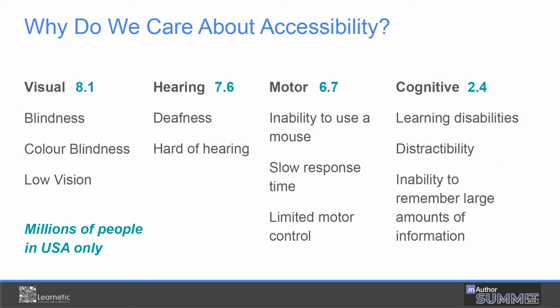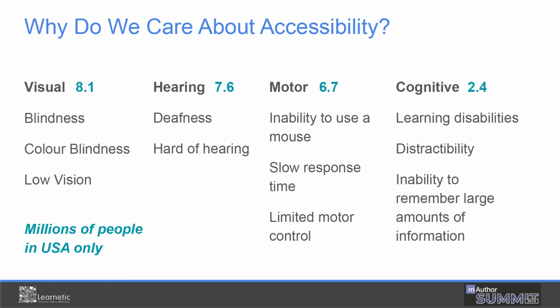So first, let's think about why we should care about accessibility in the first place. The answer is very simple, actually, because there are people who need help, and we can provide that help. There are four main types of disabilities: visual, hearing, motor, and cognitive.